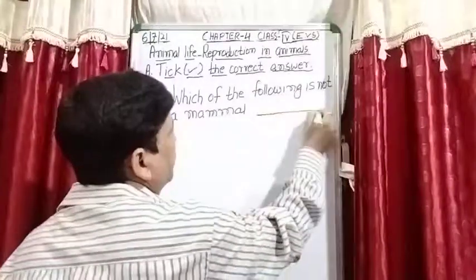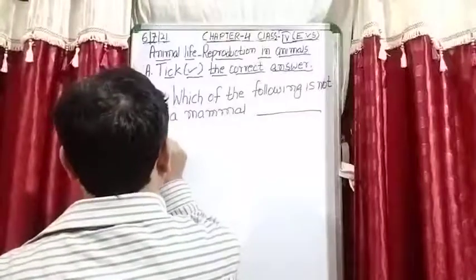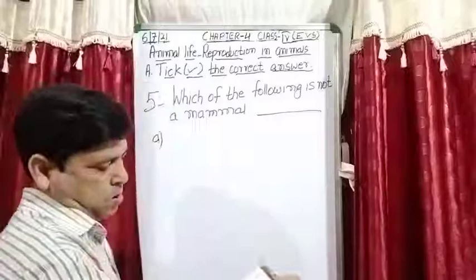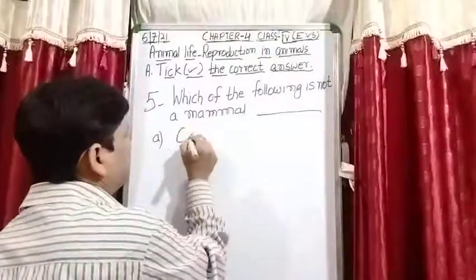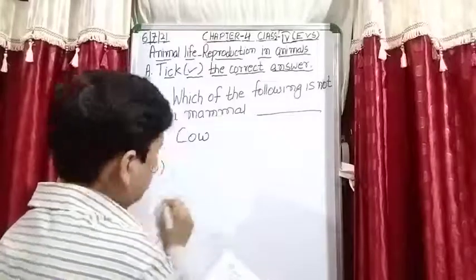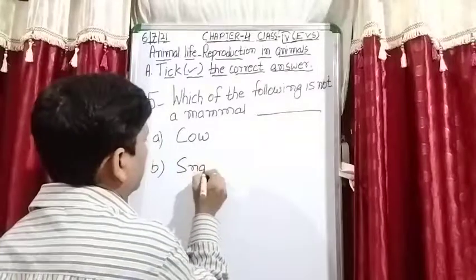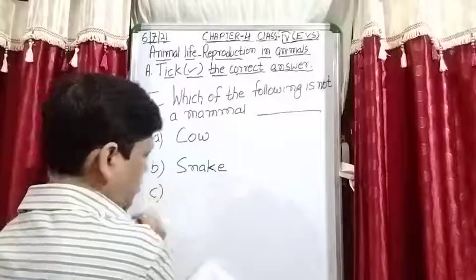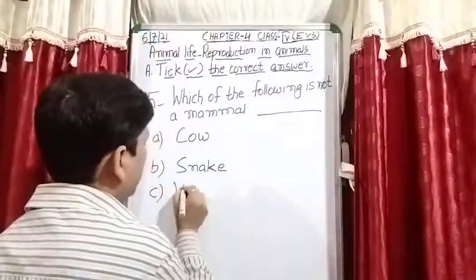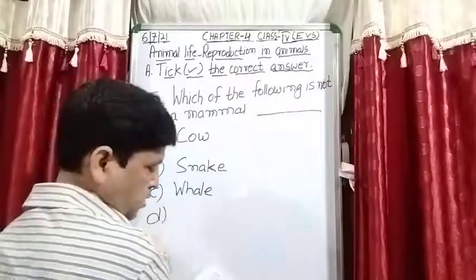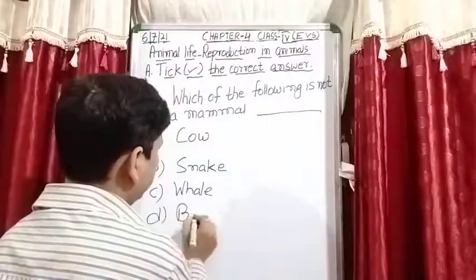Okay. So option A, cow. B, snake. C, whale. And D, bat.